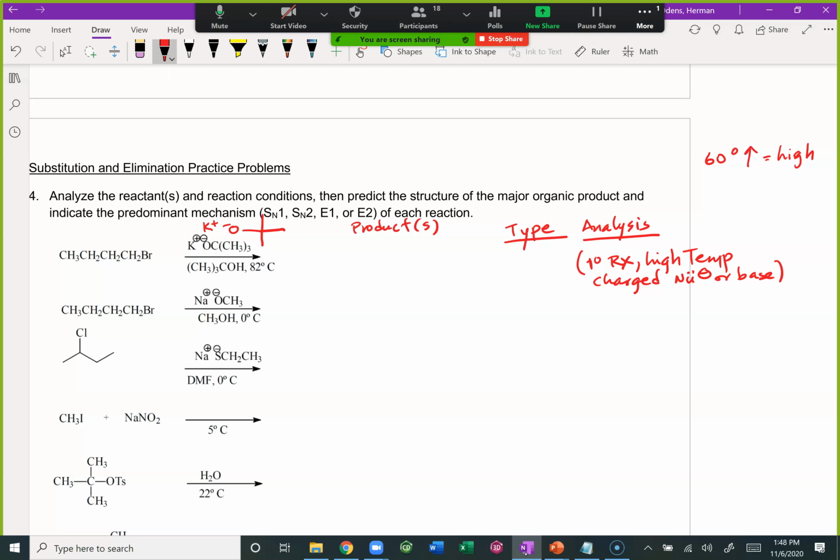That's what people think: oh, that's t-butoxide. Because I like food, I like my chicken legs. So notice that we also have the solvent. Oh, we didn't put the solvent here. The solvent is a polar protic solvent.